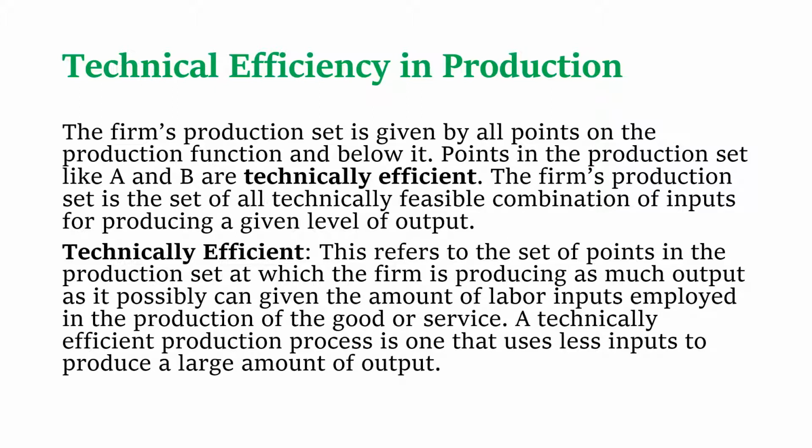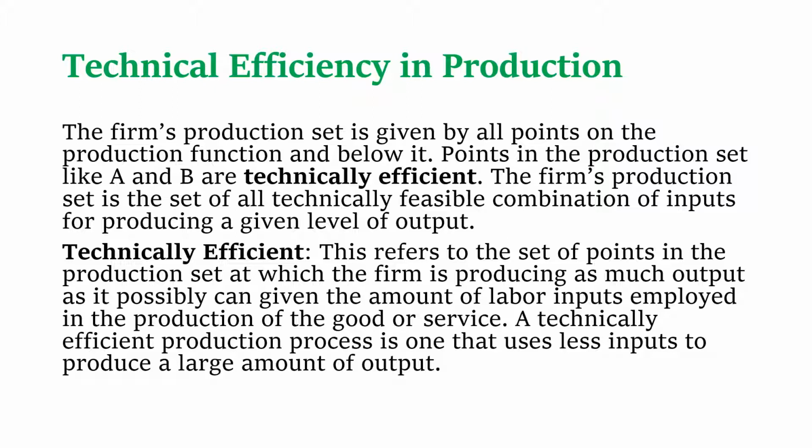Now, what is technical efficiency? This refers to the set of points in the production set at which the farm is producing as much output as it possibly can, given the amount of labor inputs employed in the production of the good or service. A technically efficient production process is one that uses fewer inputs to produce a large amount of output.